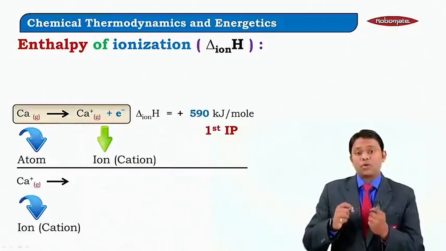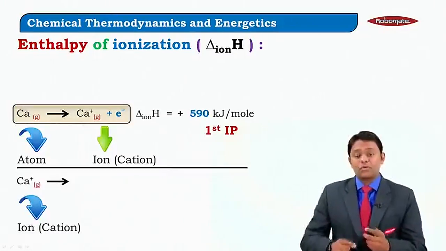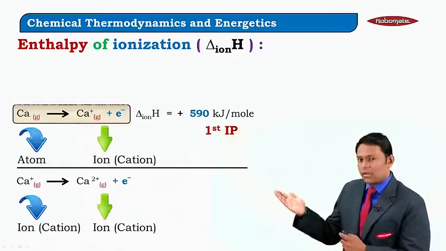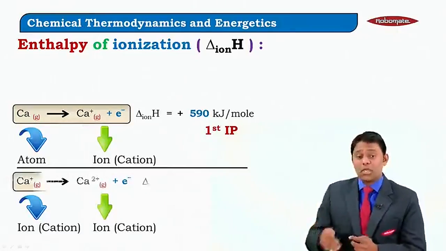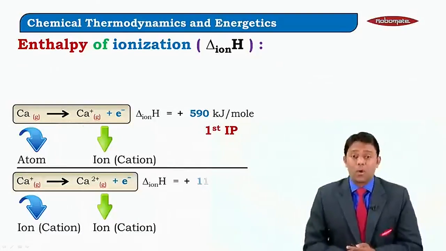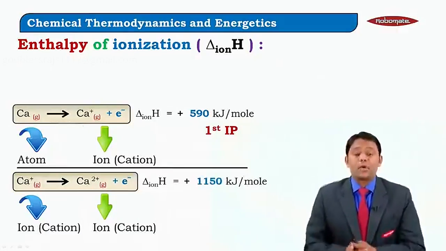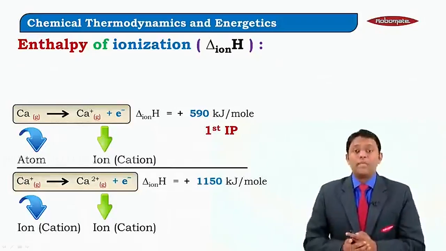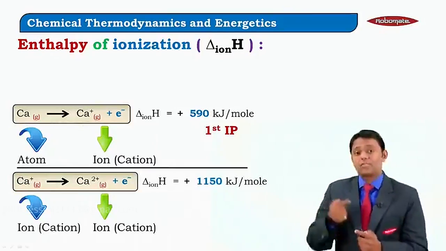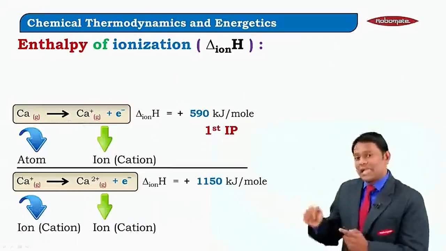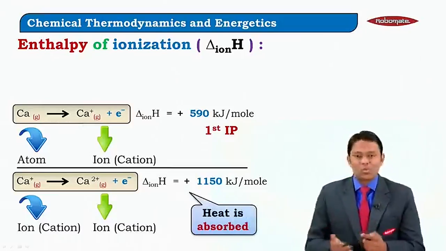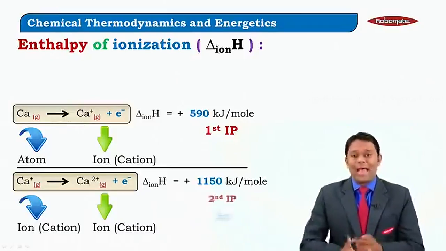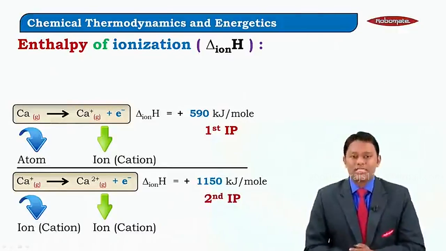Since we want to remove one more electron, we have to give more energy. When calcium plus 1 is getting converted to calcium plus 2, the amount of energy required is still higher, approximately 1150 kilojoules per mole. Once again the energy is absorbed, and that's called the second ionization potential.